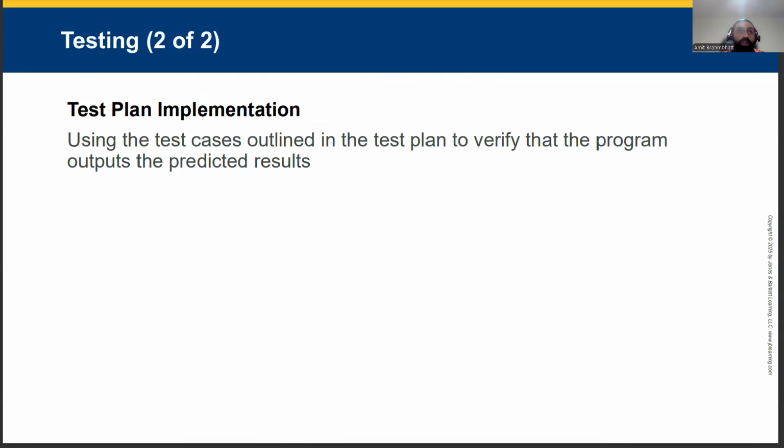The final slide on testing focuses on implementing a test plan. After designing test cases, you must run through the program with each one and verify that actual outputs match the expected results. This step is essential to ensure that your program behaves correctly under all predicted conditions.